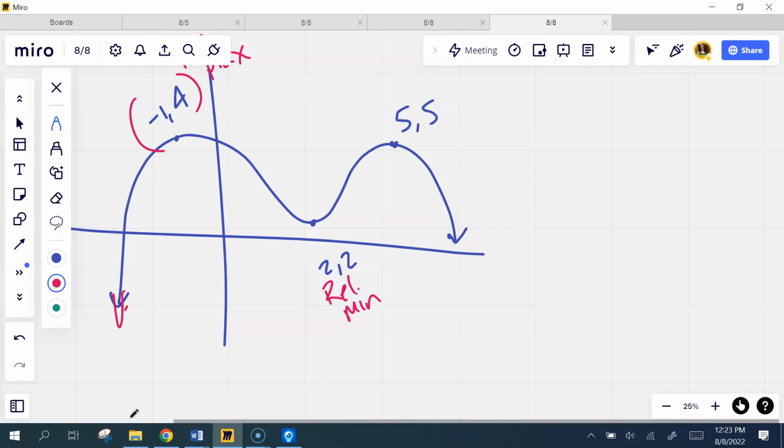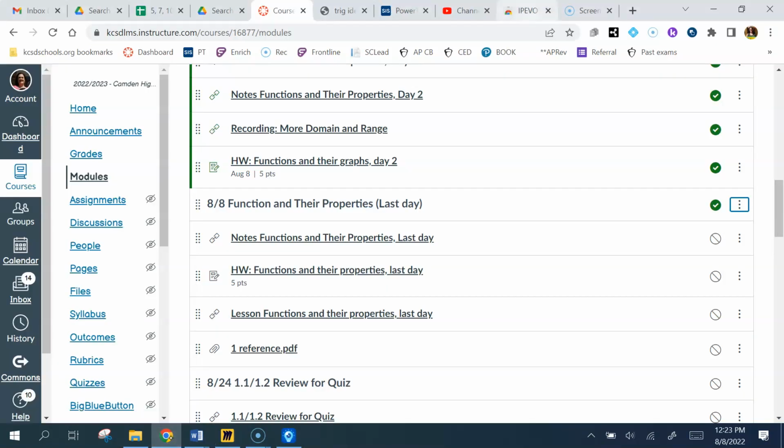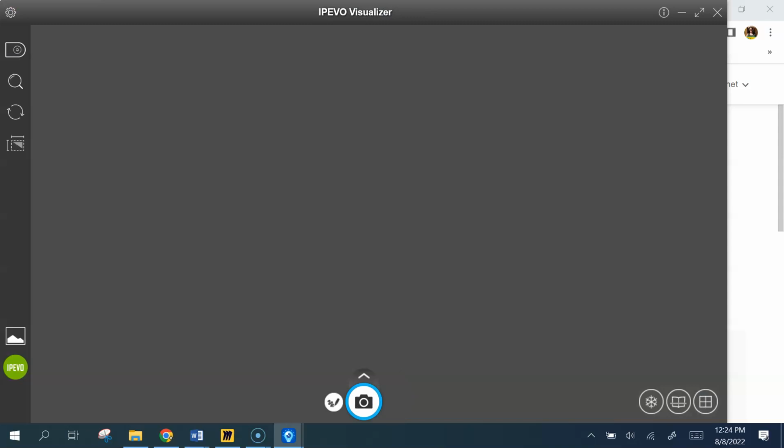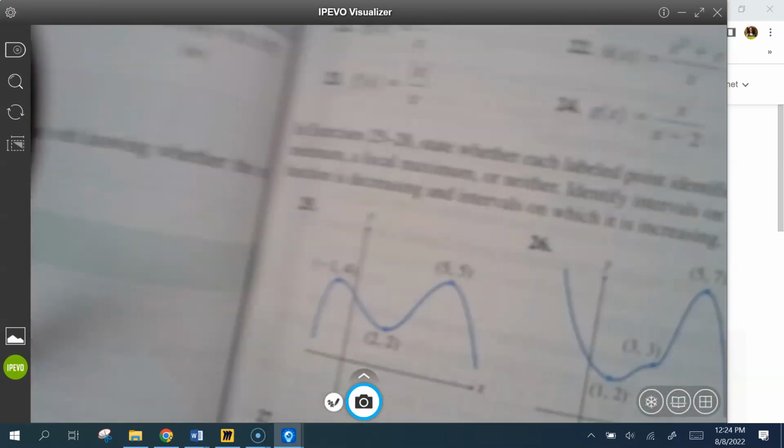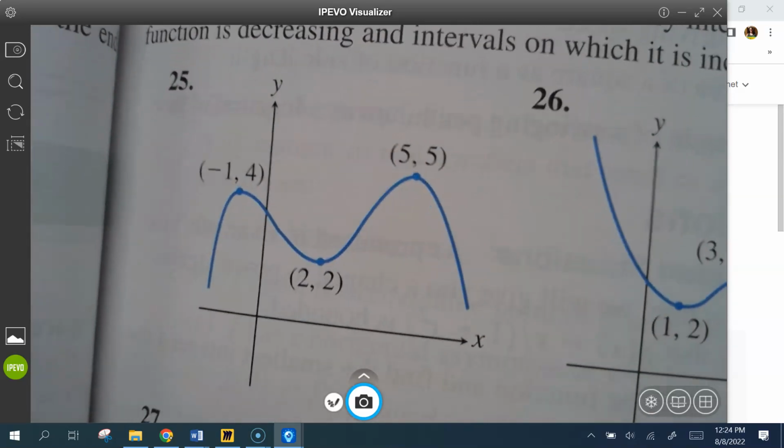This is going down, on my picture, but even on yours, if you look, let me show you. Local and relative mean the same thing.